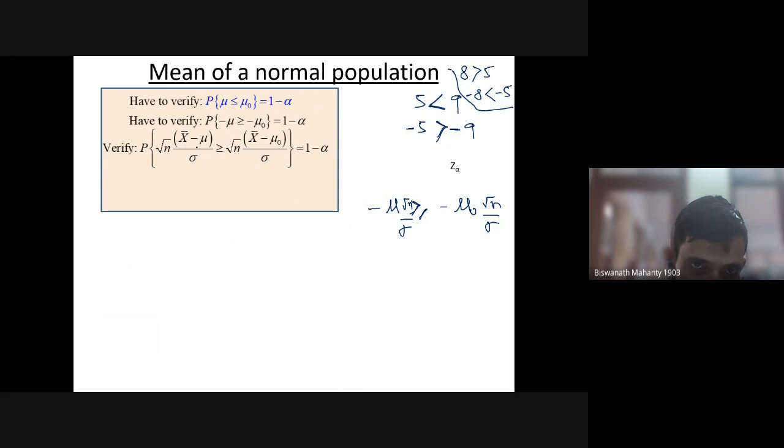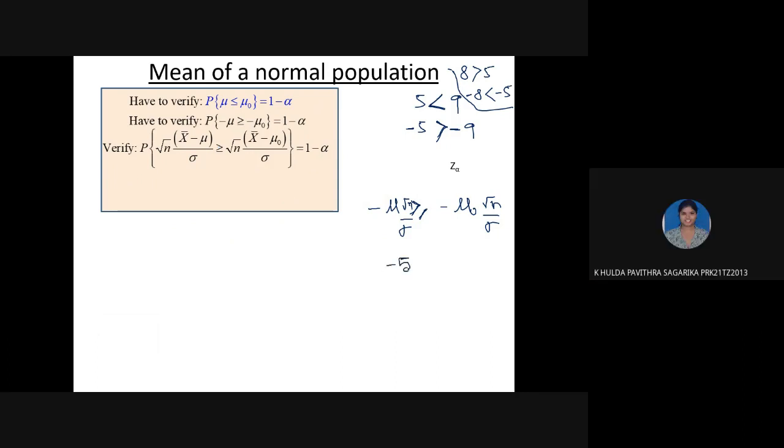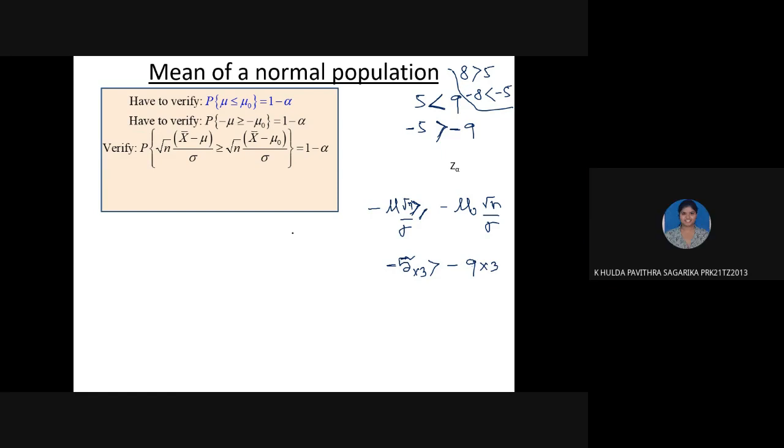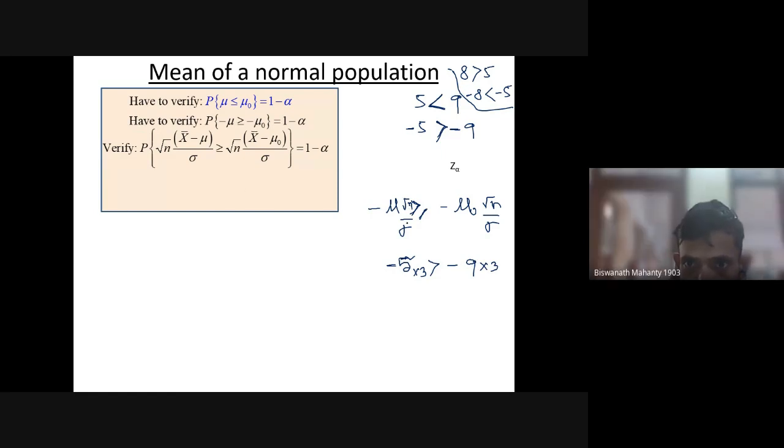Take minus 5 greater than minus 9, for example. If I multiply by some number, say 3, will the relationship change? No, sir. So we are doing the same thing. If I multiply by root n by sigma, I am still good.